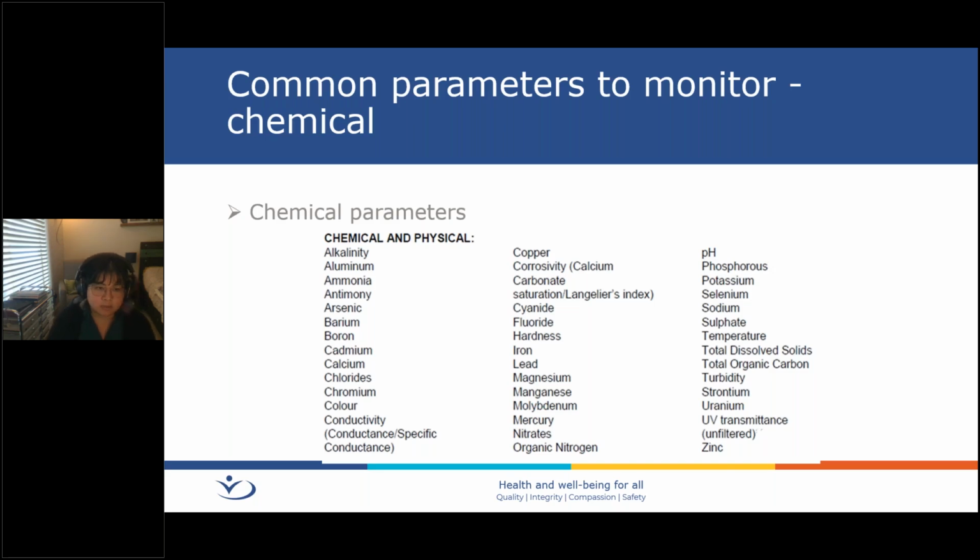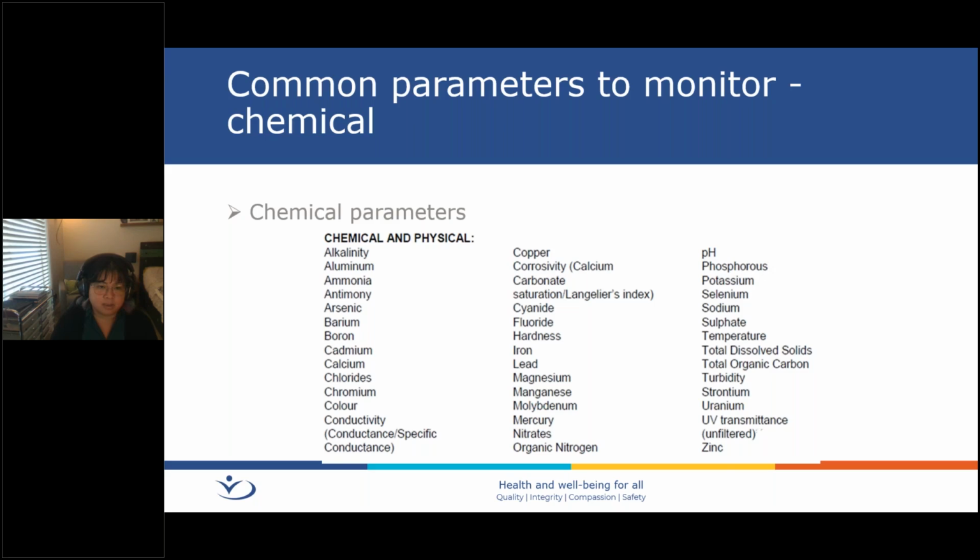So this list of chemical and physical parameters should be tested by an accredited lab. And you can find this list on the Interior Health webpage. So some of these parameters are health concerns, some are aesthetic, and some can be a concern if you're installing treatment.